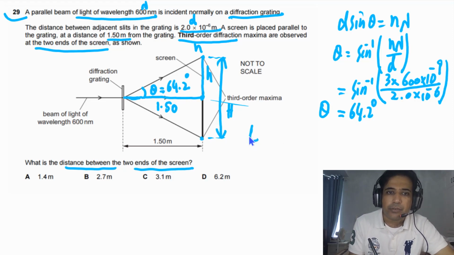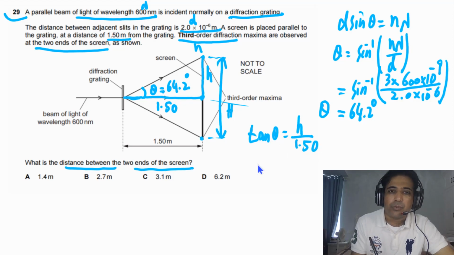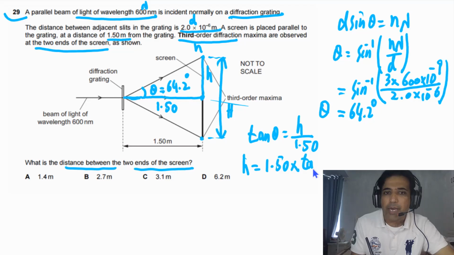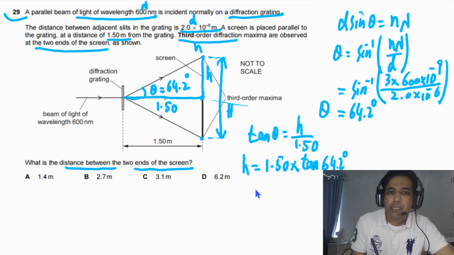So simply we can write tangent of theta equal to h divided by 1.50. So h in this case will be equal to 1.50 times tangent of 64.2 degrees.